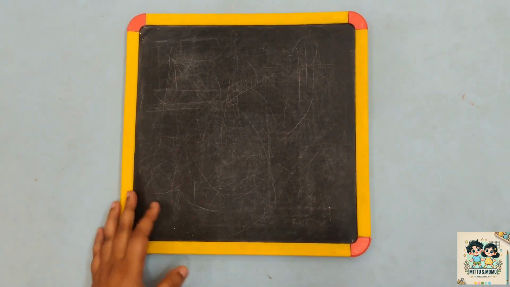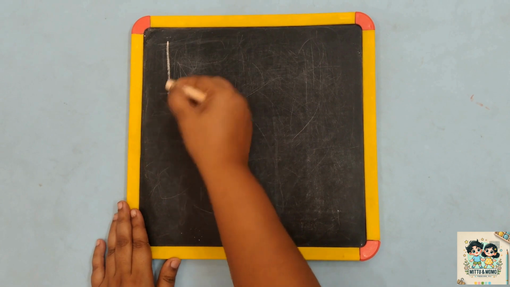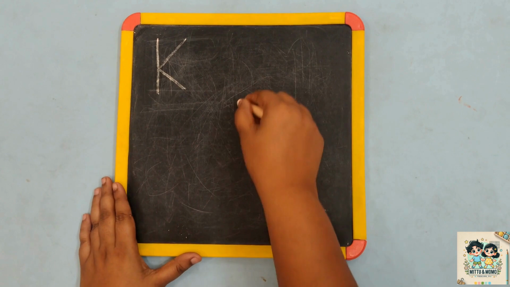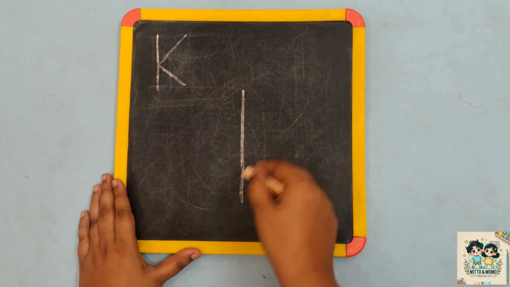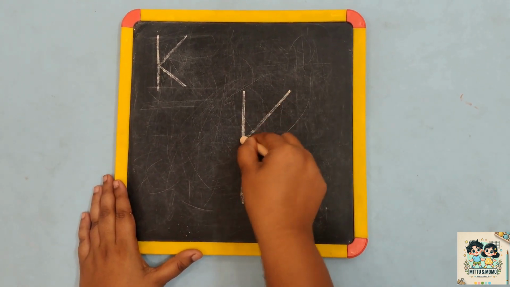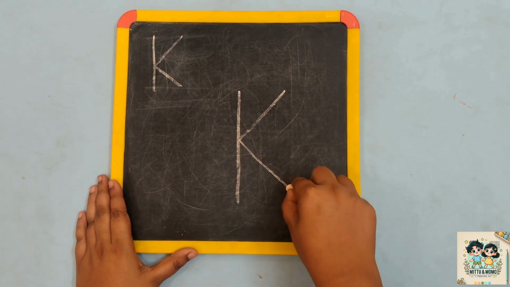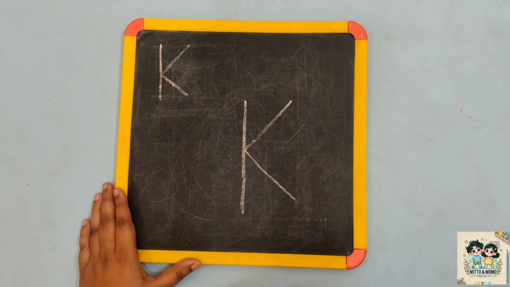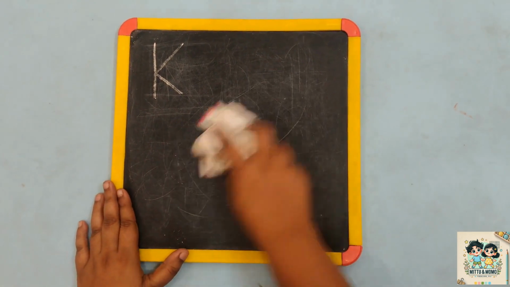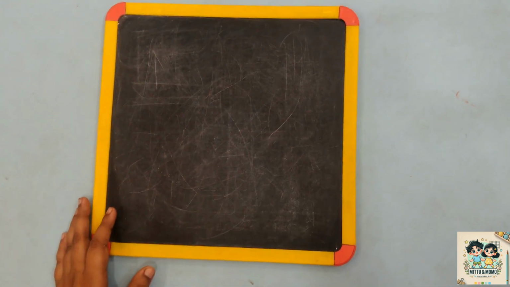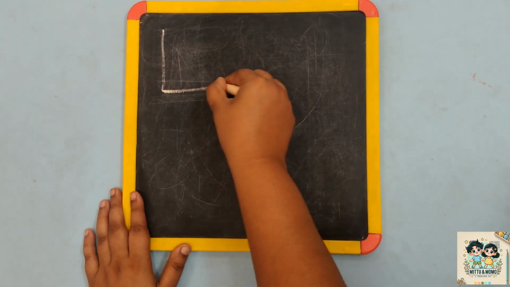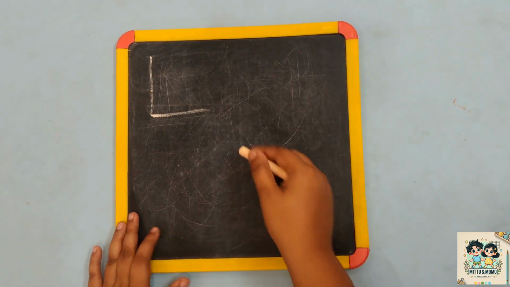And next, the letter K. Let's see how we can write this. One standing line, one right slanted line, one left slanted line. This is the letter K. And next letter is L. So let's see how we can do it.